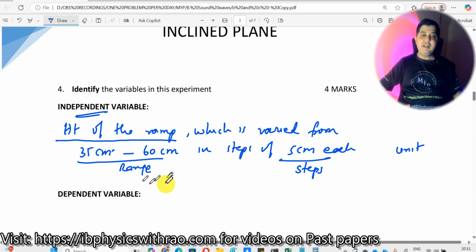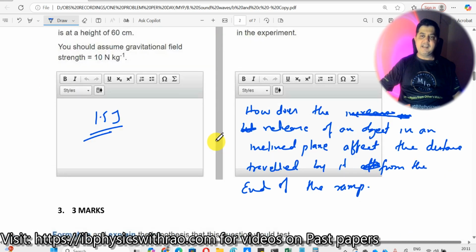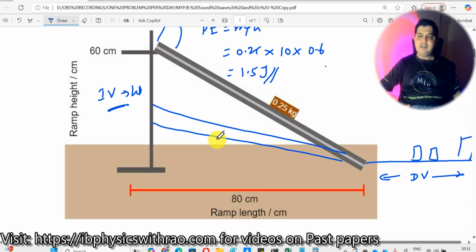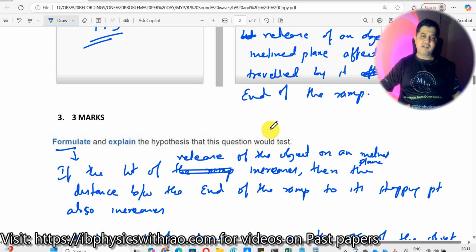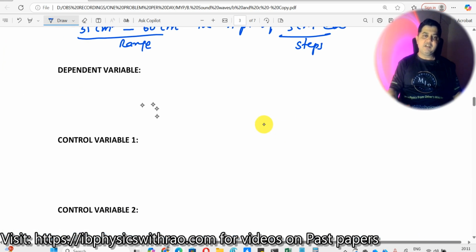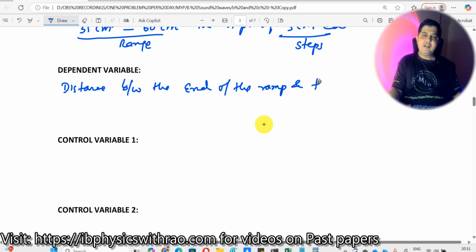Then dependent variable. What's the dependent variable? Once again, go back to the diagram and understand that. Dependent variable, we measure this one. What is this now? The distance between the end of the ramp and the stopping point, right? So let us write that out also. So here is distance between the end of ramp and the stopping point.